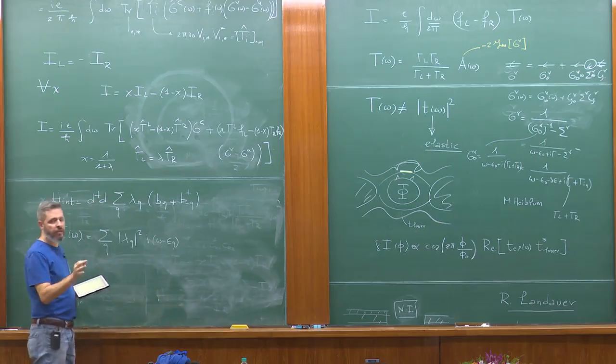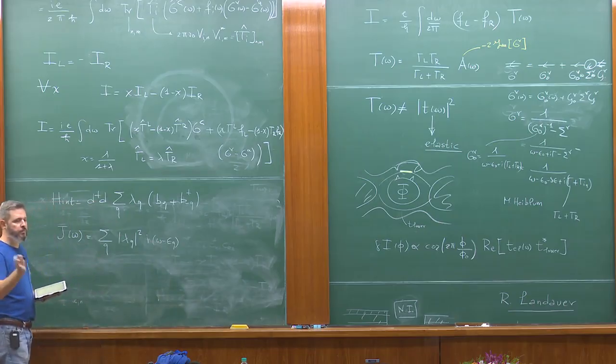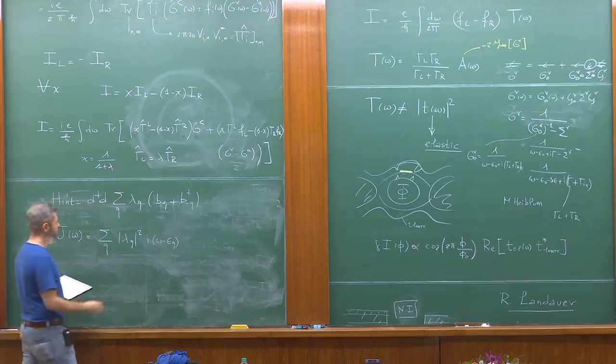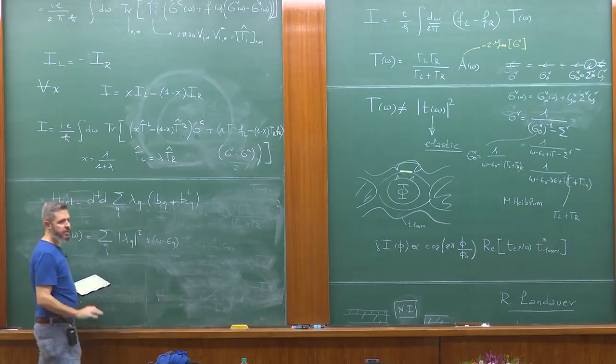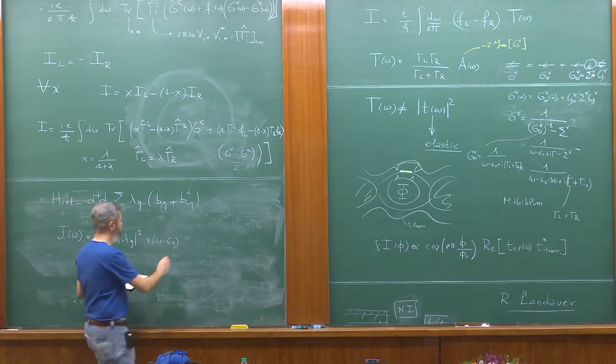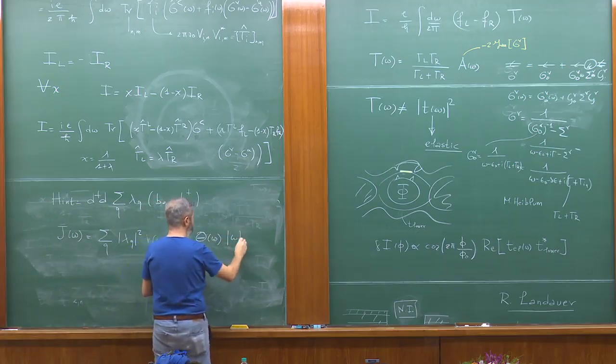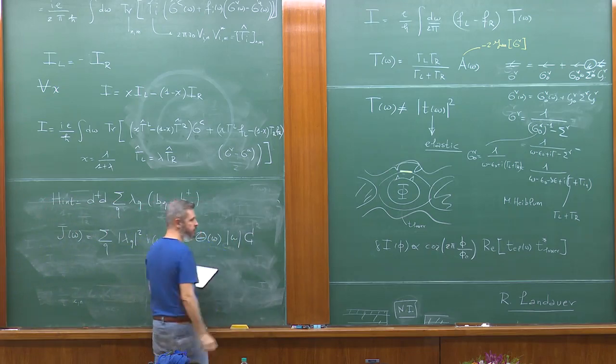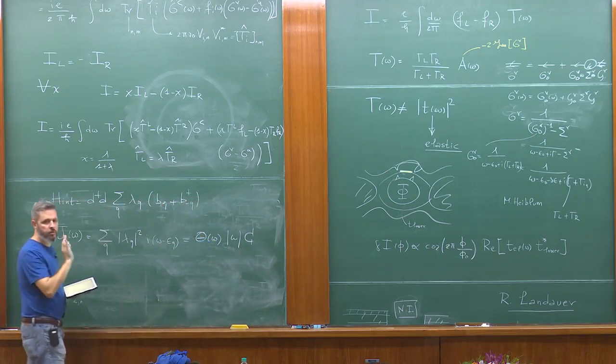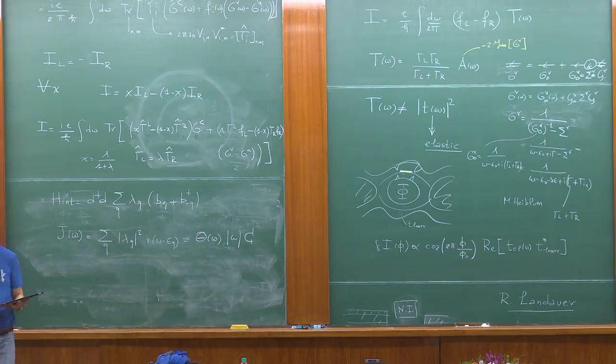So assume that you have equilibrium bosons from Bose-Einstein distribution, and this is the spectral function. Assume that the spectral function is ohmic. So it's theta of omega, absolute value of omega times some constant. So this is called ohmic dissipation.